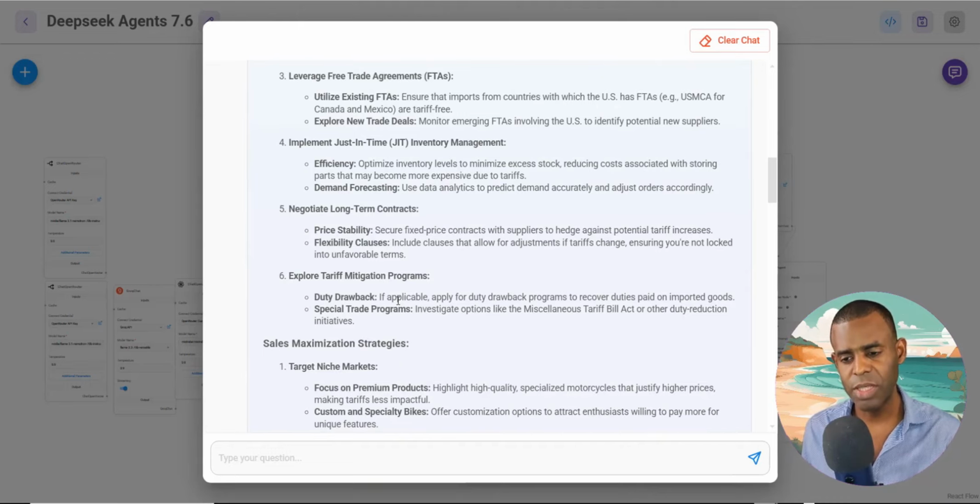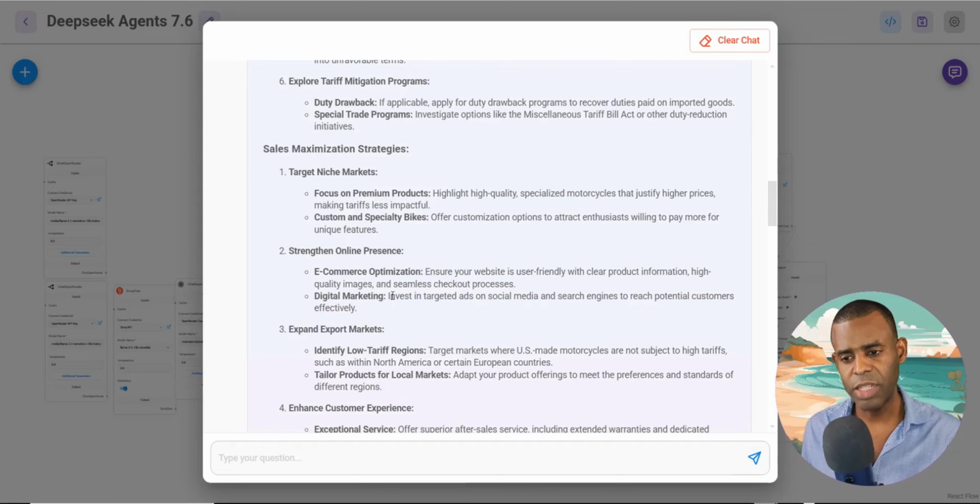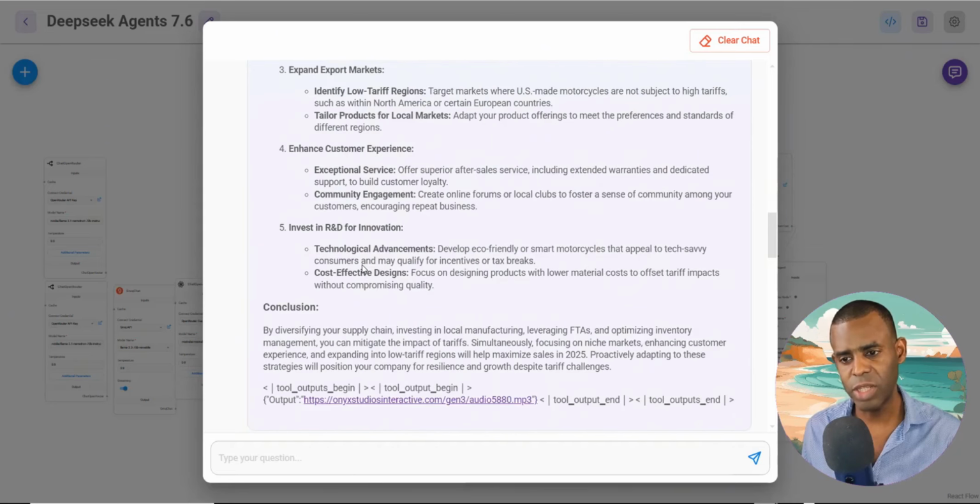So it's really giving us some really solid advice for being able to navigate this environment. And so the final thing it says is by diversifying your supply chain, investing in local manufacturing, leveraging free trade agreements, and optimizing inventory management, you can mitigate the impact of tariffs. So it's not just one thing; it gives us multiple things. Which just shows you how strong this model is.